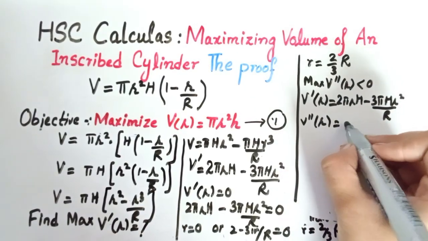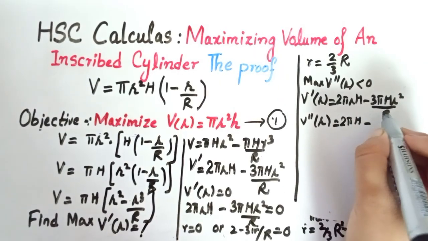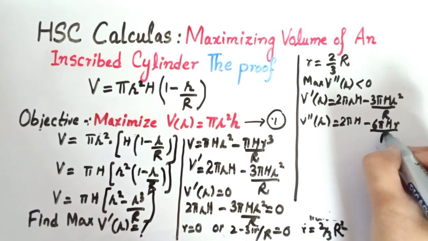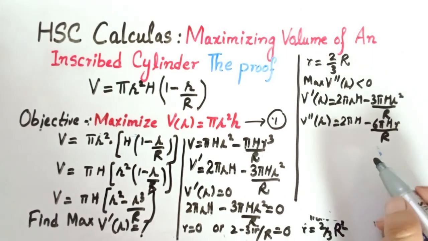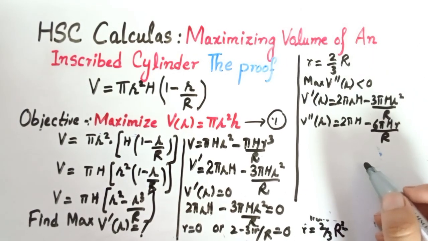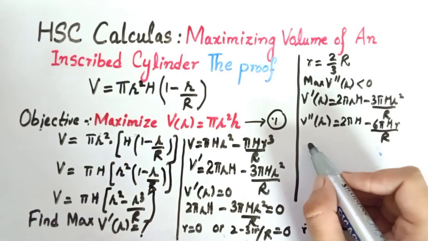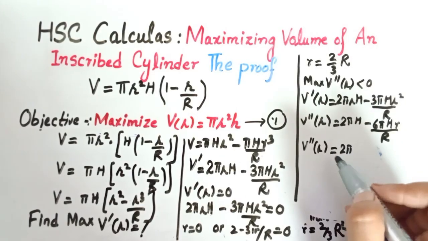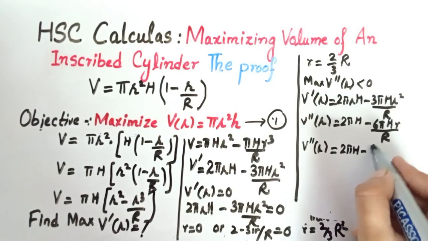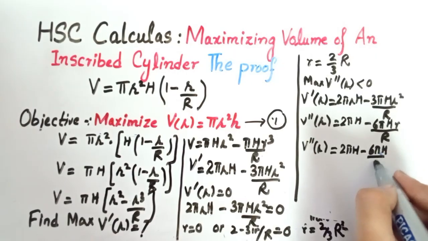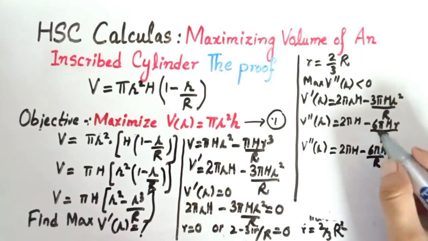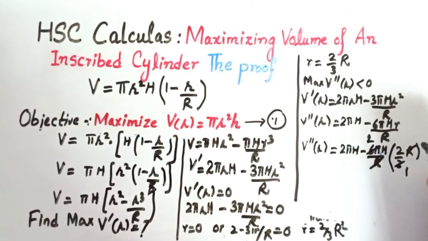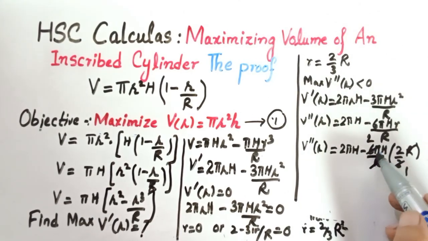r will be eliminated and only 2 pi h minus 3 into 2 is 6, 6 pi h r divided by capital R, and this will become equals 2 pi h minus 6 pi h r by capital R. In place of small r, we will substitute its value, that is 2 by 3 R. R and r are cancelled out. 3 1 time 3, 3 2 time 6.